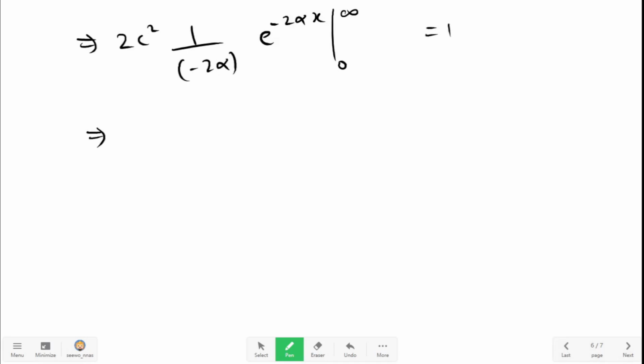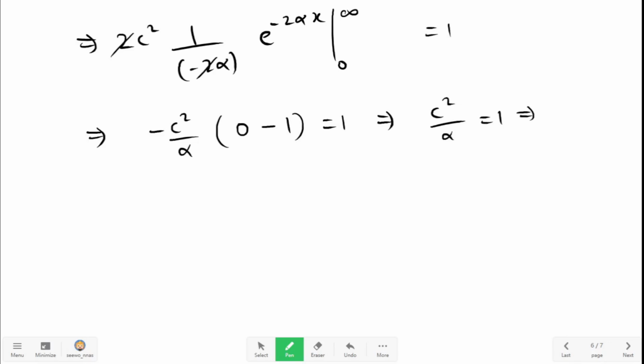This implies 2 gets cancelled, minus c square by alpha times e raised to minus 2 alpha infinity, which is 0, minus e raised to minus 2 alpha 0, which is 1. This is equal to 1. From here c square by alpha is equal to 1, which implies c is equal to root alpha.